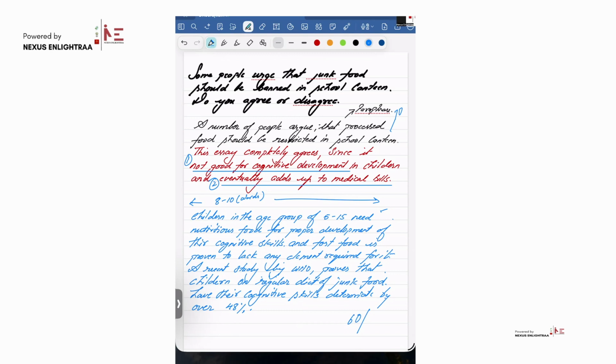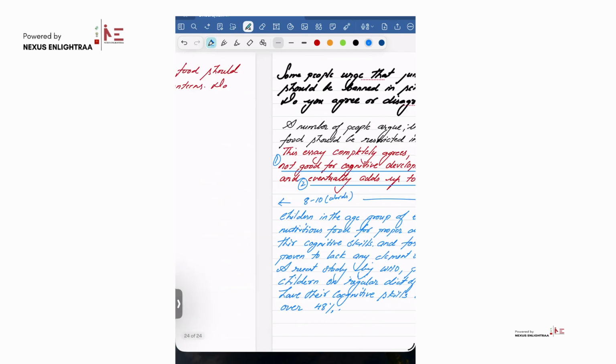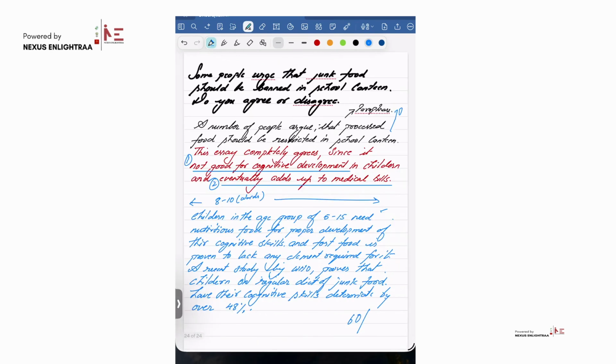If you learn how to write in this manner, you can write this essay in 25 minutes if you get good at this. So just within 25 minutes, you can write one essay. Great. So I want you to write one essay for your next session.